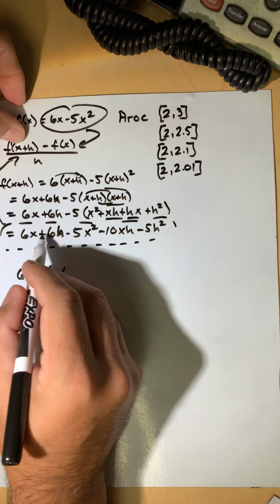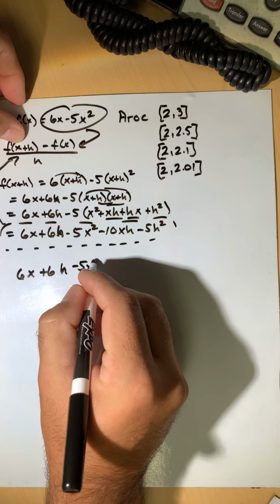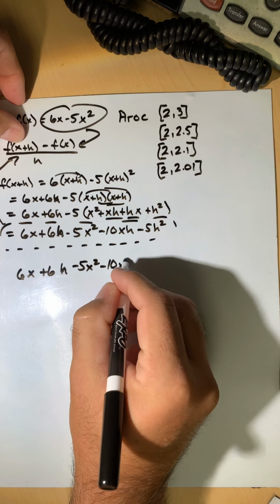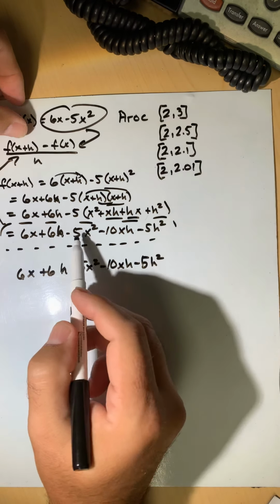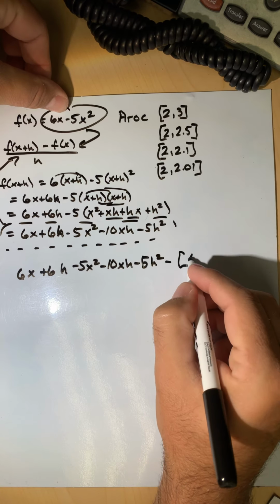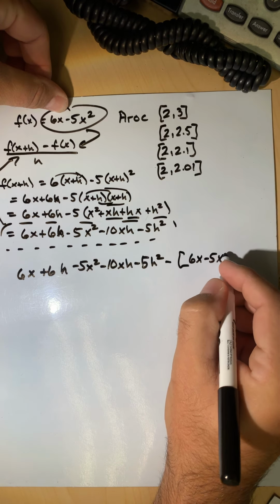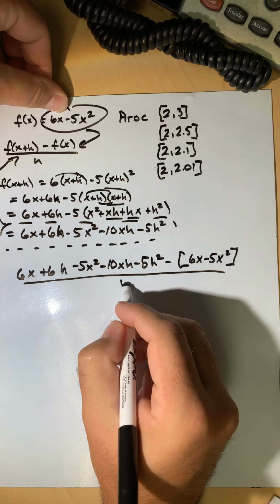All right, so I've got a 6x plus 6h minus 5x squared minus 10xh minus 5h squared, that's this part, minus f of x, which is 6x minus 5x squared, all divided by h.